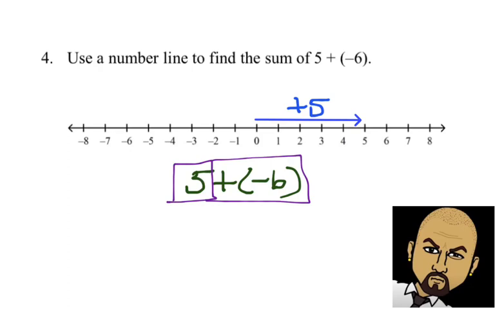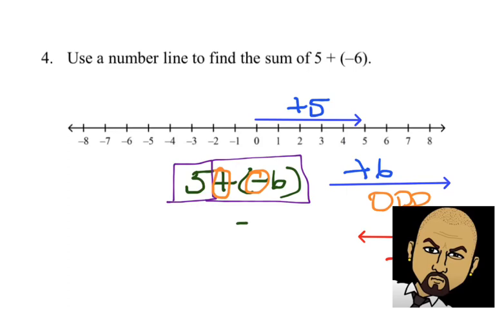Then we're going to add negative 6. So if you were to add 6, you would be going to the right 6. But because we have a negative sign, it means the opposite. And so instead of adding 6, we're going to be subtracting 6. Adding a negative 6 means you are subtracting 6. And so your terms are going to be positive 5 and negative 6.